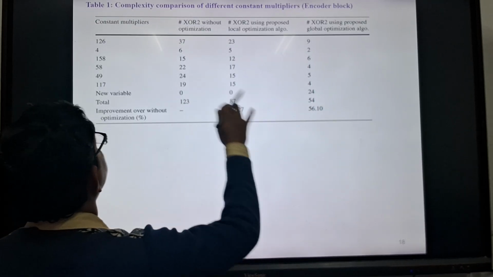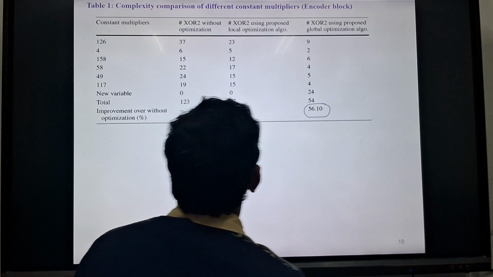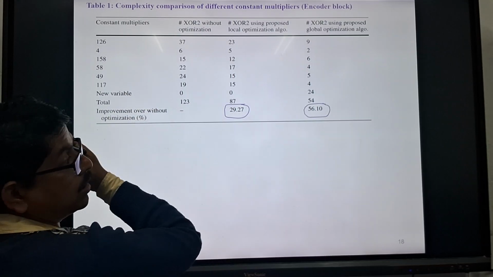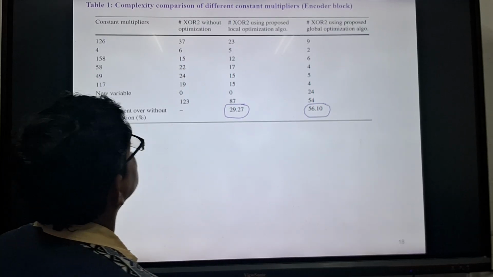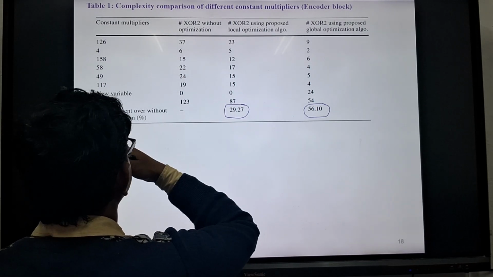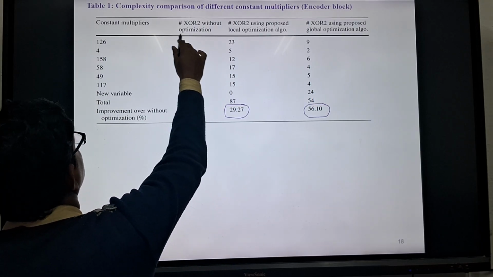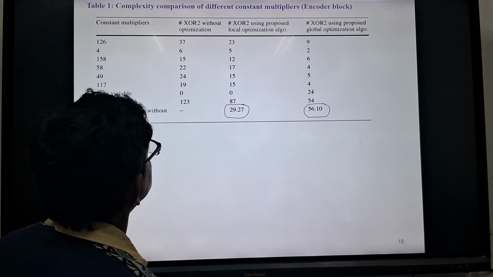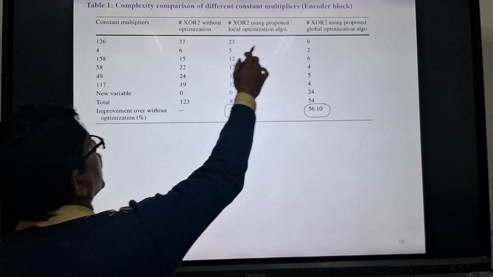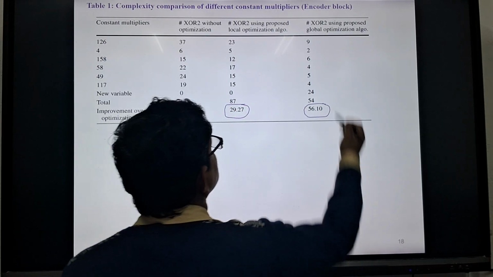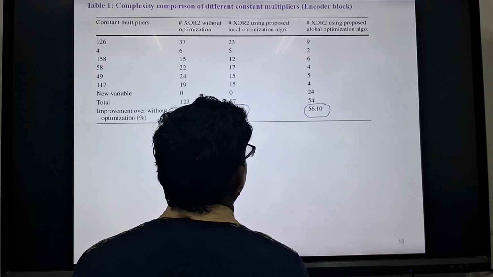If I show the theoretical complexity, the syndrome circuit without optimization takes 123 gates. After applying the local optimization it is 87, and using the global optimization it is reduced to 54.